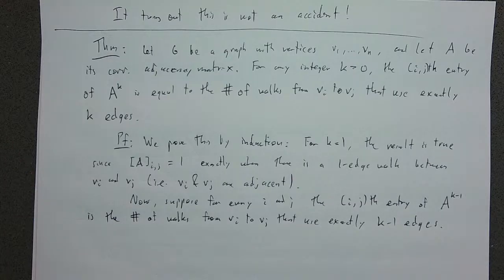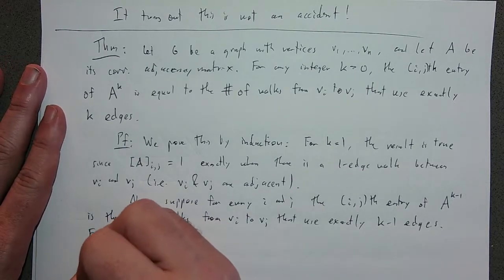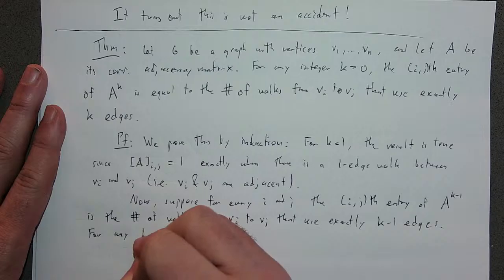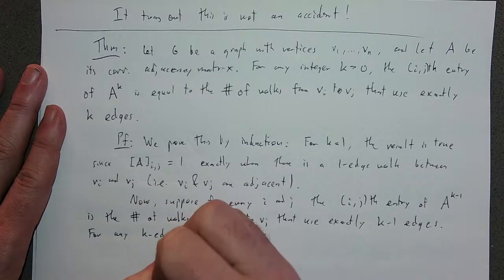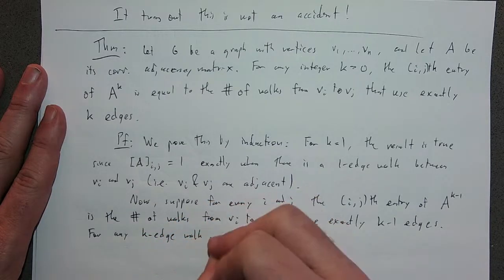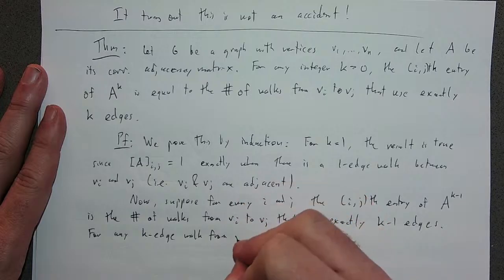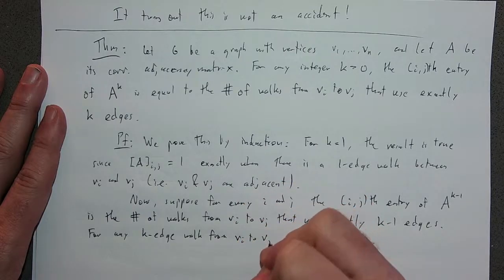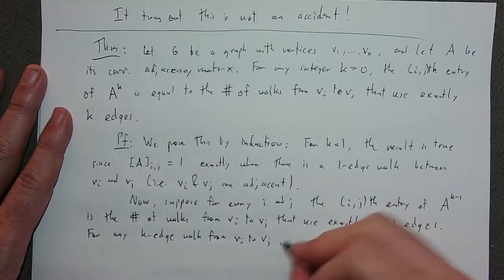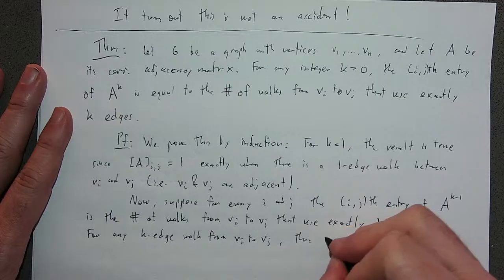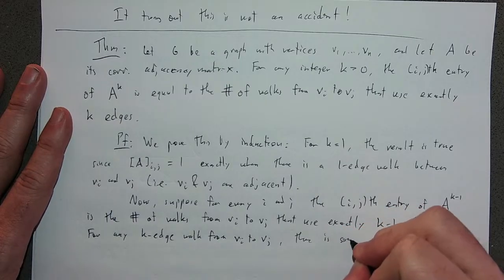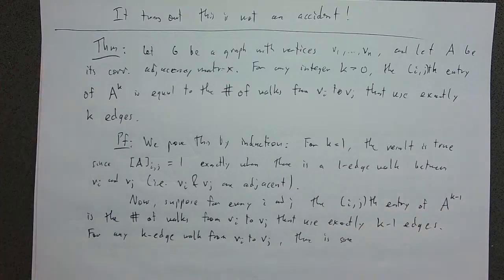So first, I want to think about a k-edge walk from Vi to Vj, right? So for any k-edge walk from Vi to Vj, there is some, we'll call it h.